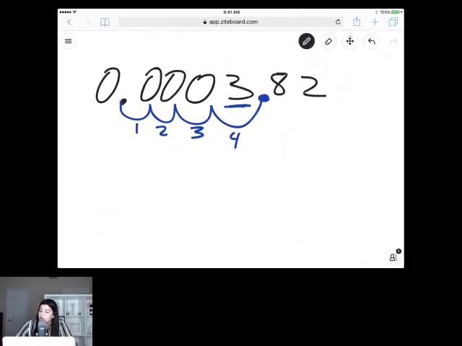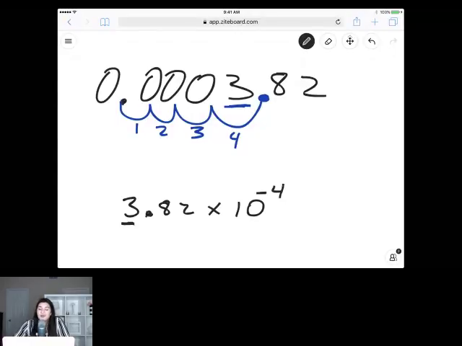And we would have had 3.82. So we always move the decimal place until we have just one non-zero number. Then this would have been times 10 to the however many places I moved, which was 4. However, since this is a very small number, it would have been -4.